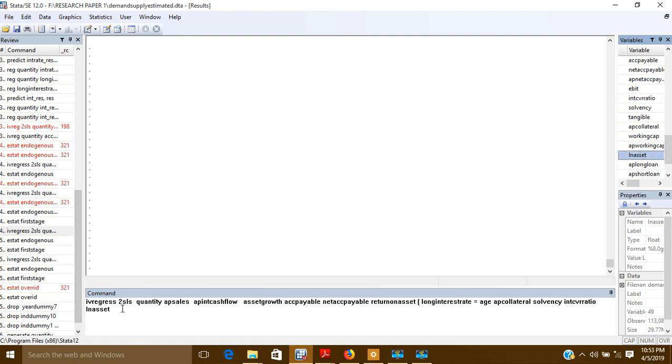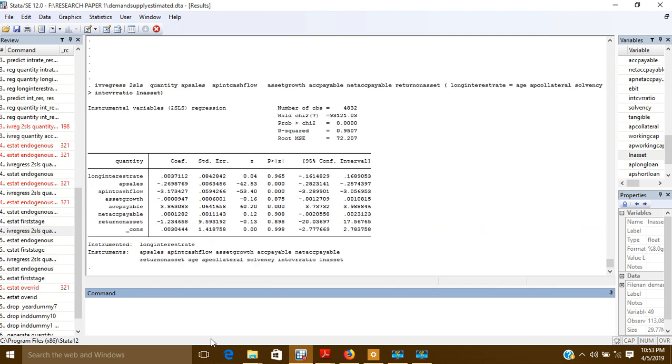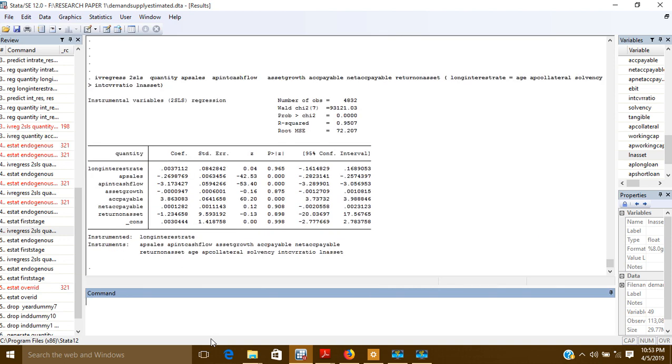Okay, and I will close the bracket now. So I have declared the various instruments for the interest rate. Now I will click here, and after that I will get the results.